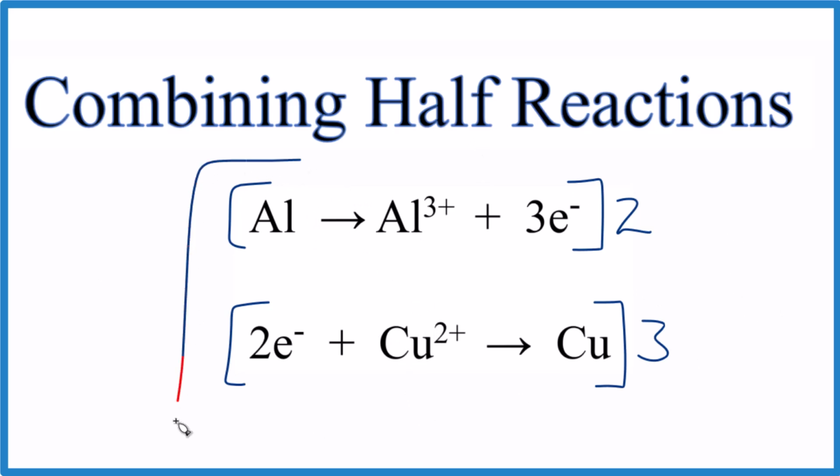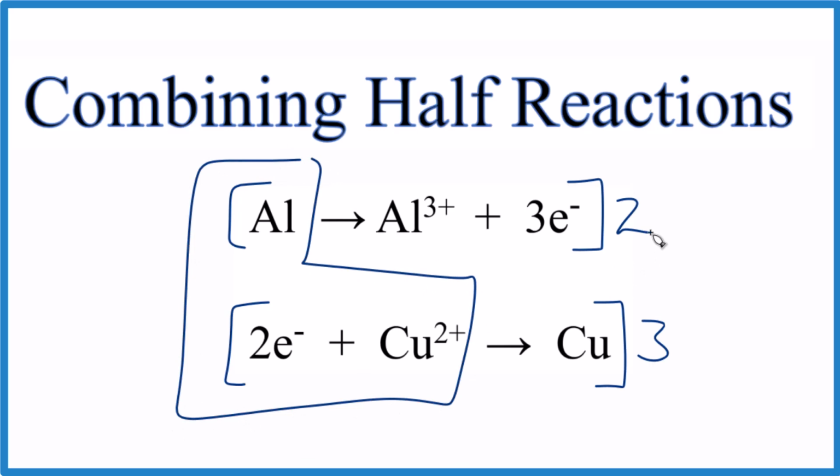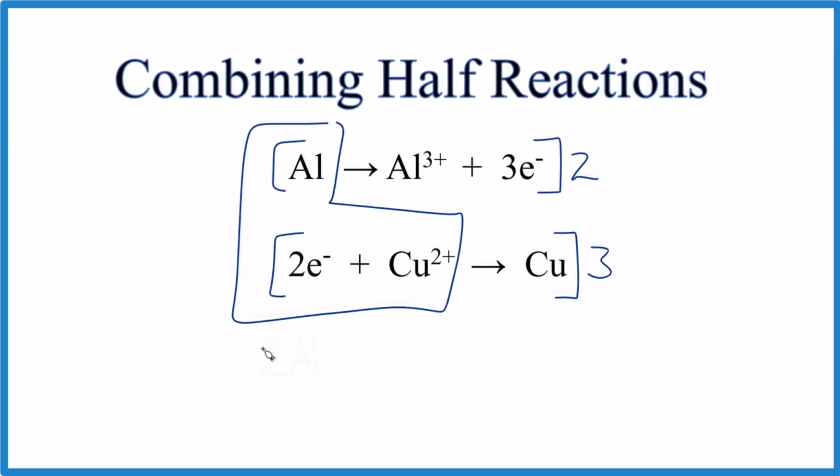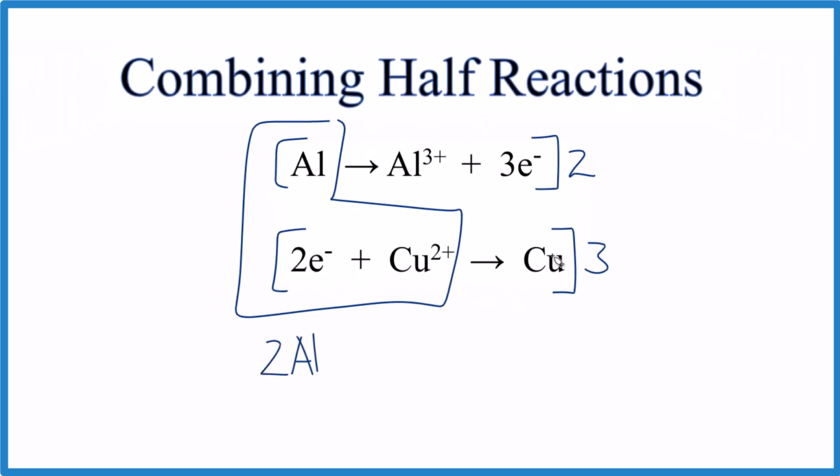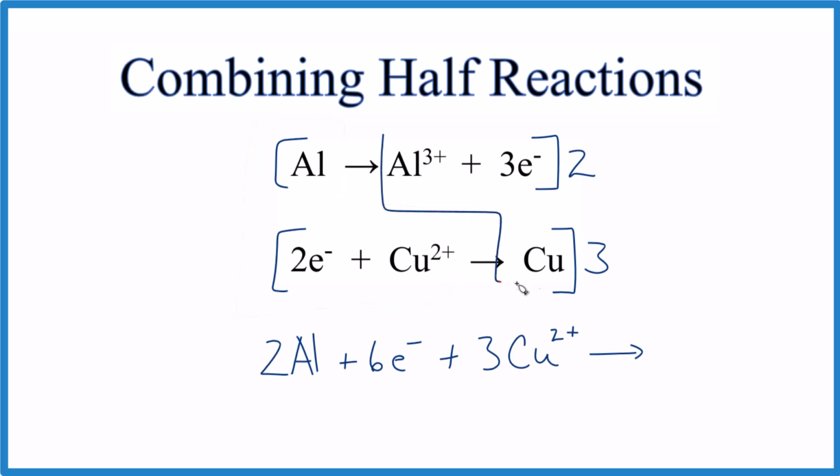These right here are the reactants, so we'll do those first. 2 times the aluminum, and then down here, 3 times the 2 electrons, 3 times the copper 2 plus ion. Those are the reactants. These right here are the products. 2 times the aluminum ion, 2 times the electrons, and then down here, 3 times the copper.